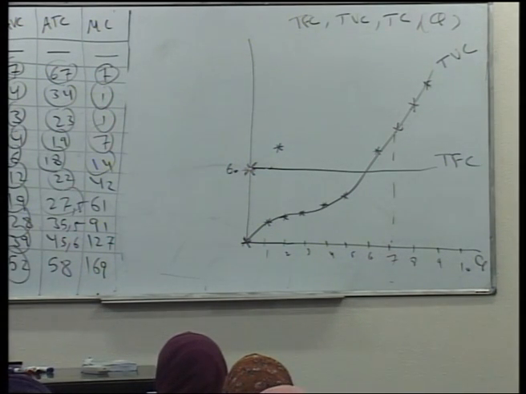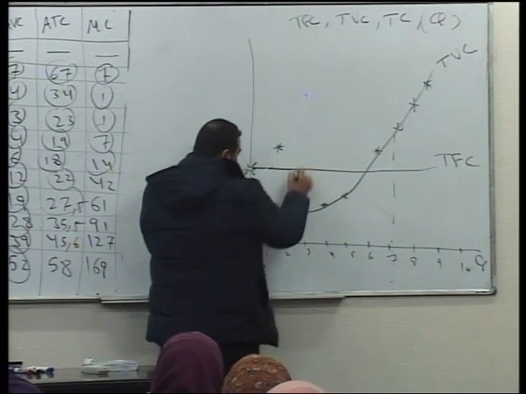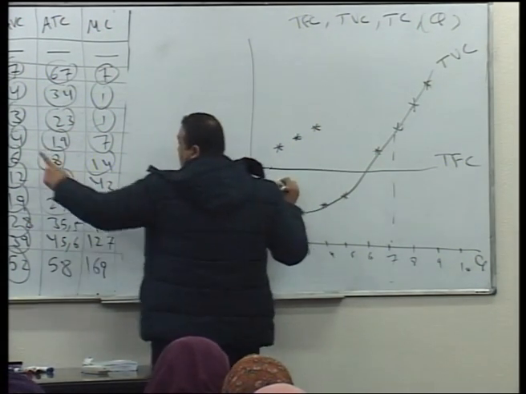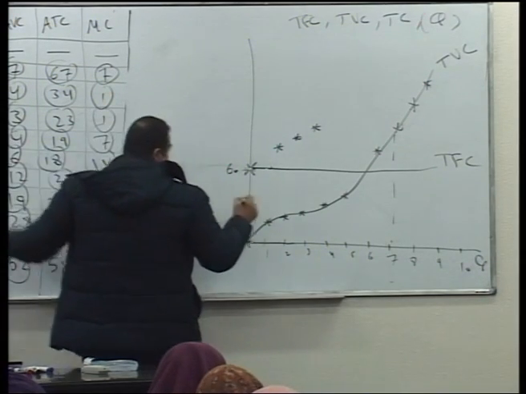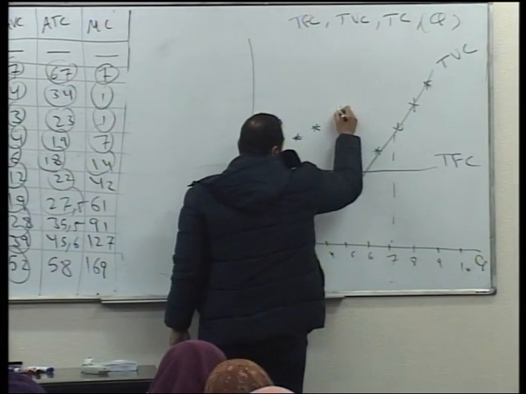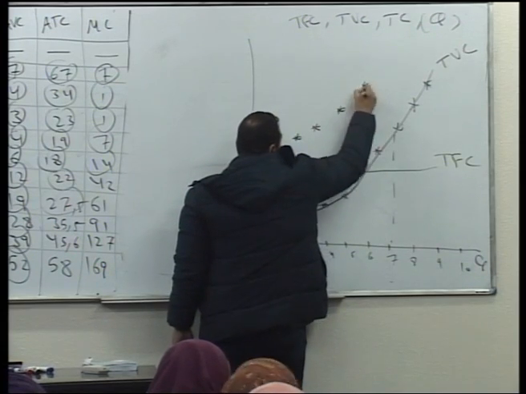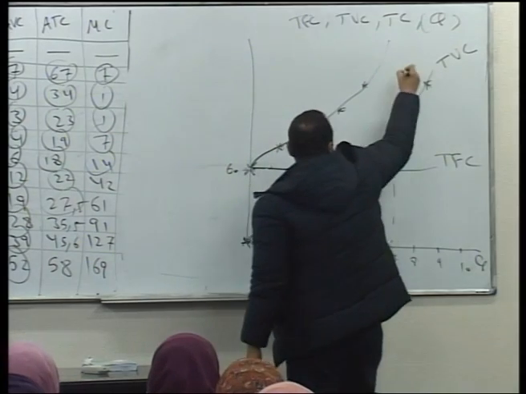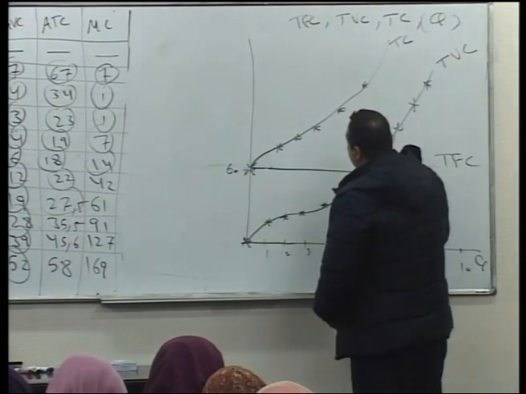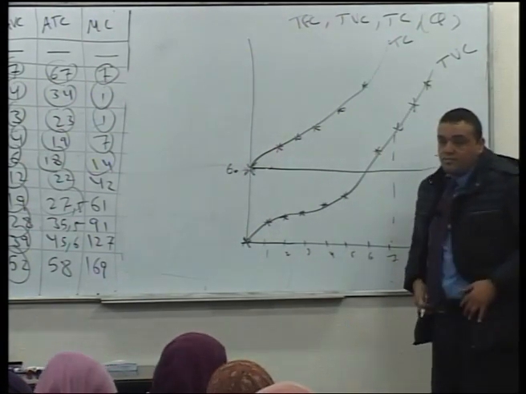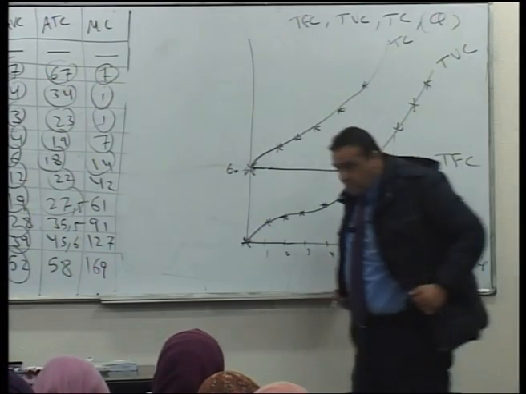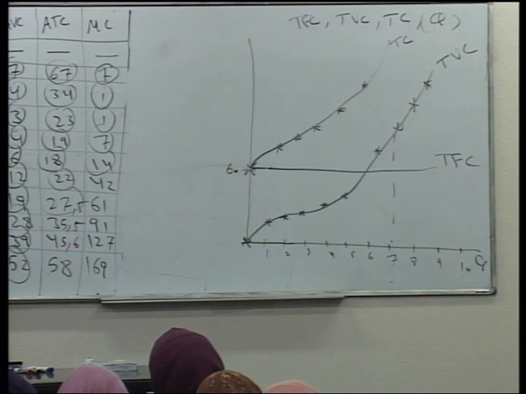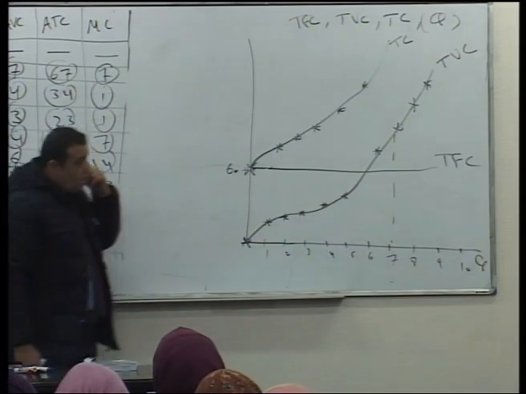Two, 68. At 3, 69. 76. 9. Should be here. Total cost. Right? Correct? Okay.